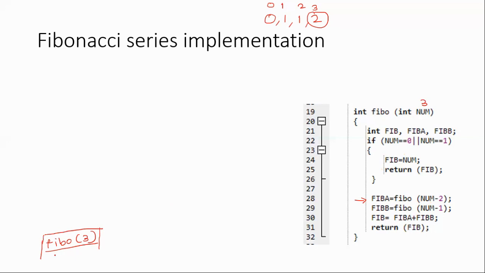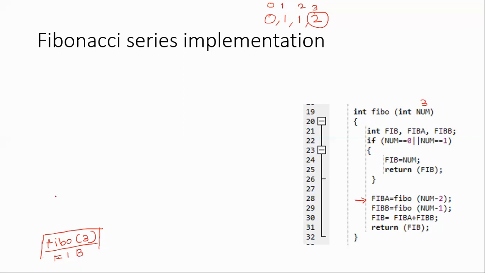This is the main function call, so what we are supposed to return is a fib number. The fib is going to be returned from this. But now when it comes to this place, there is one more function call here. This function call is going to be recorded here.